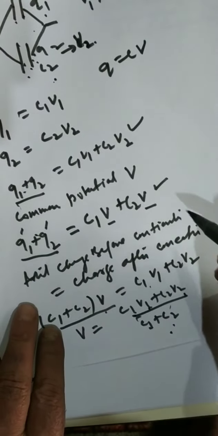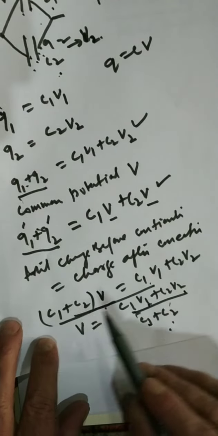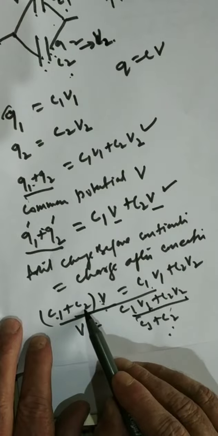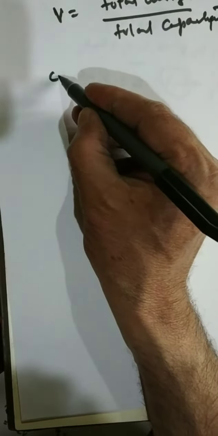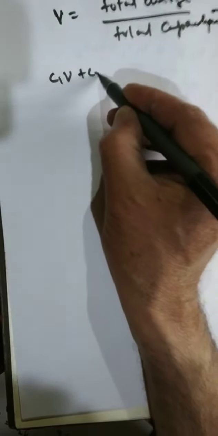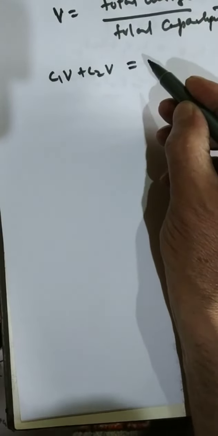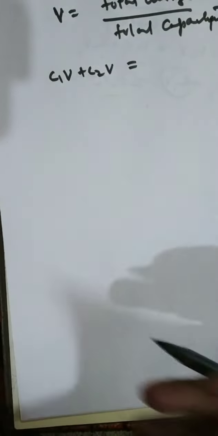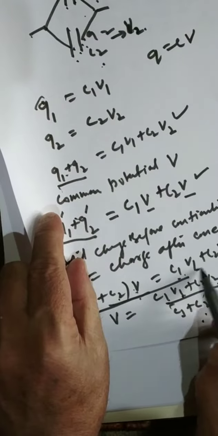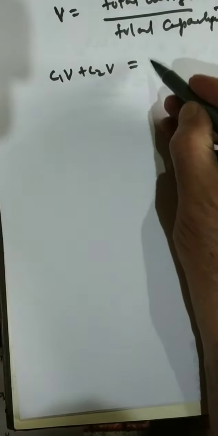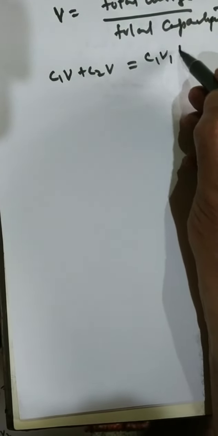Now ये हमारे पास जो इक्वेशन है यहाँ ये वाली, इसको हम थोड़ा अरेंज करेंगे. C1V प्लस C2V इज इक्वल टू, इसमें हम फिर से देखेंगे C1V1 प्लस C2V2.